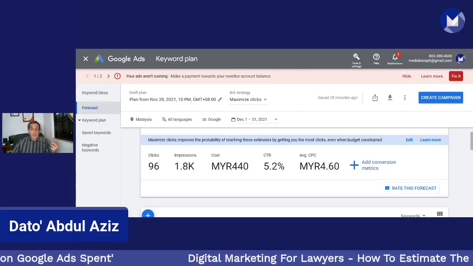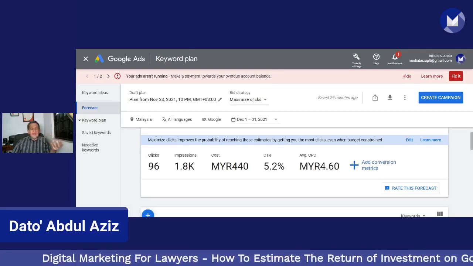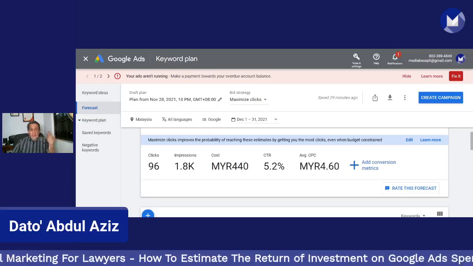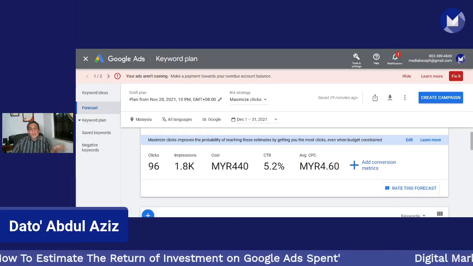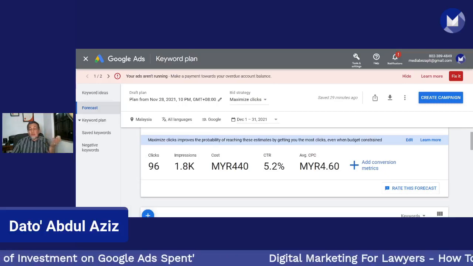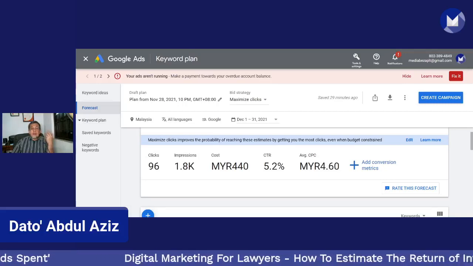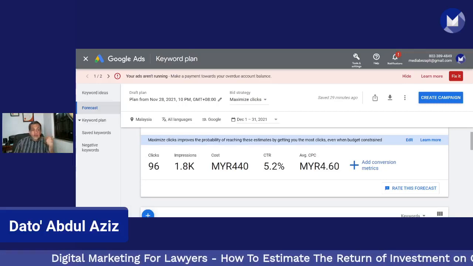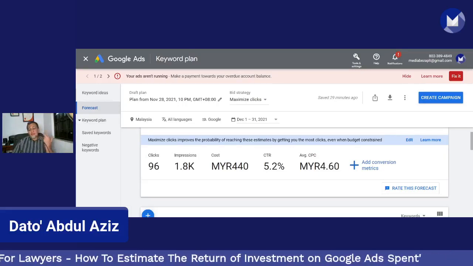I know most legal firms in Malaysia would easily charge a minimum of 5,000 ringgit for a case, or maybe 20, 30,000 for one particular case. So actually, the return on investment for using Google Ads is quite high for a legal firm in Malaysia.